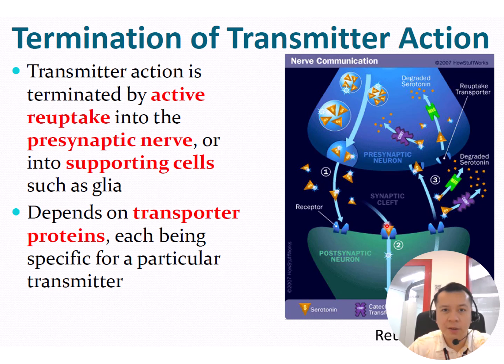This process ensures tight regulation of neurotransmission, and it's also a key target in pharmacology. For example, fluoxetine blocks serotonin reuptake, allowing the neurotransmitter to linger longer in the cleft, to boost it up.